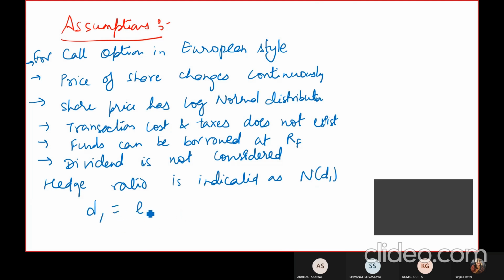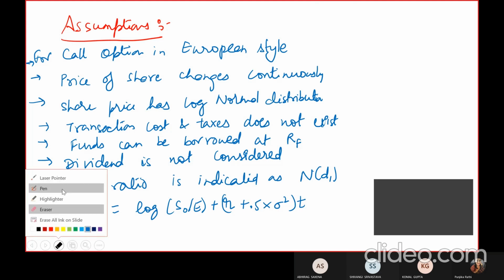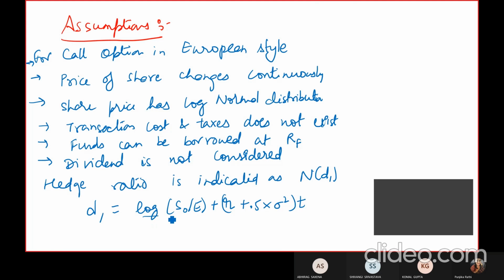D1 is equal to log S naught upon E plus R plus 0.5 into sigma square, into T, divided by sigma under root T. This is capital T. Capital T is time to expiration. R is risk-free return. S naught is the spot price. E is the exercise price. And sigma is the volatility.